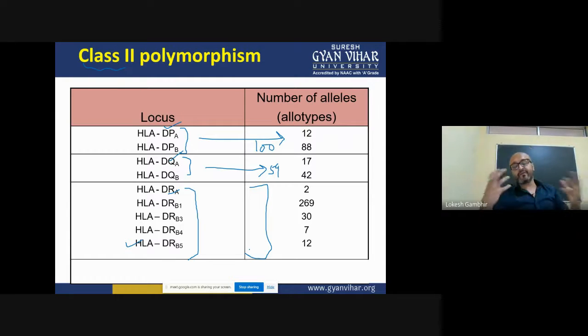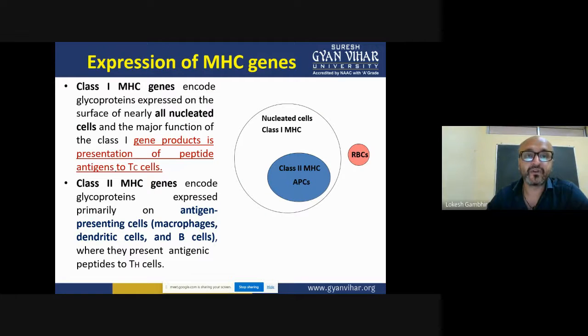The higher the number of alleles, the higher the polymorphism that will be seen, and that is the reason why the MHC molecule is highly polymorphic. Genetically, we always describe it as a hotspot of polymorphism.